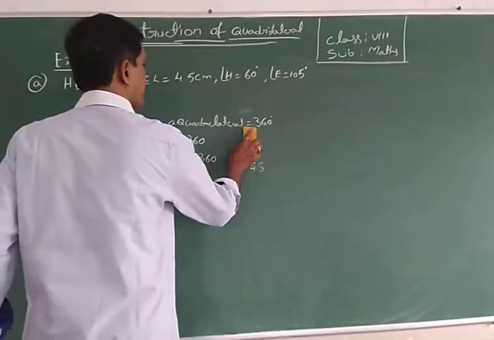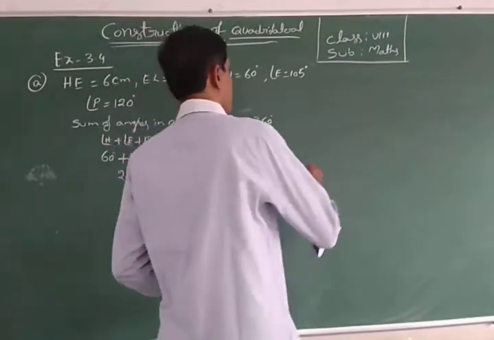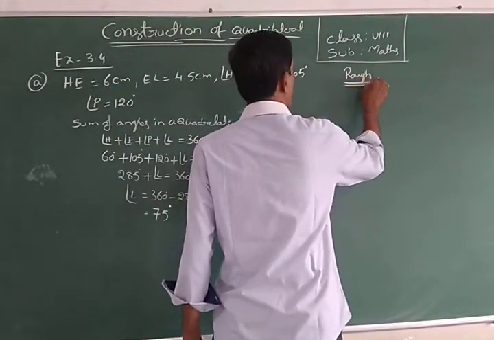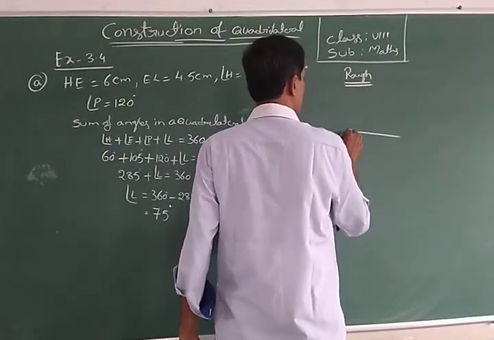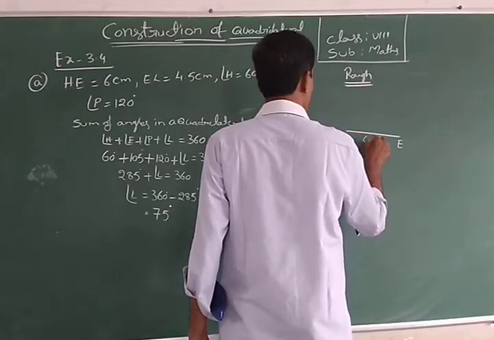Next, first the rough diagram. Draw a line segment HE equal to 6 centimeters.